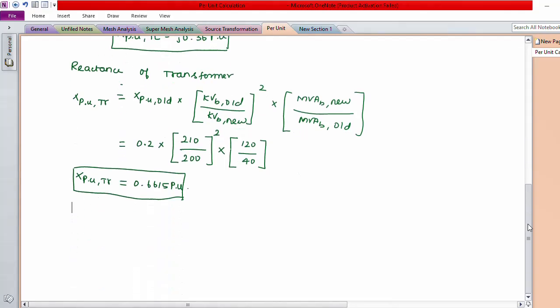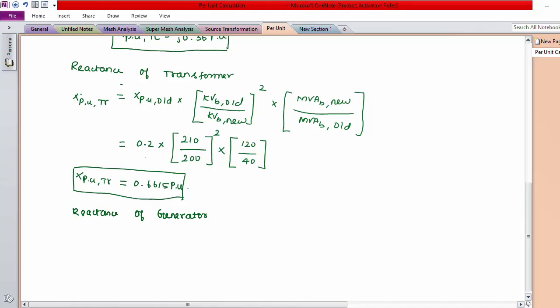Now we have to calculate the reactance for the generator. But in this problem, the generator is connected at the low voltage side. So we have to go for the voltage conversion.